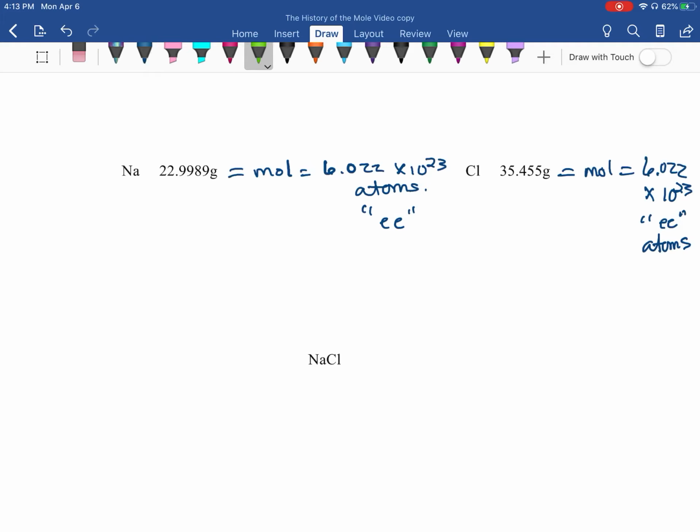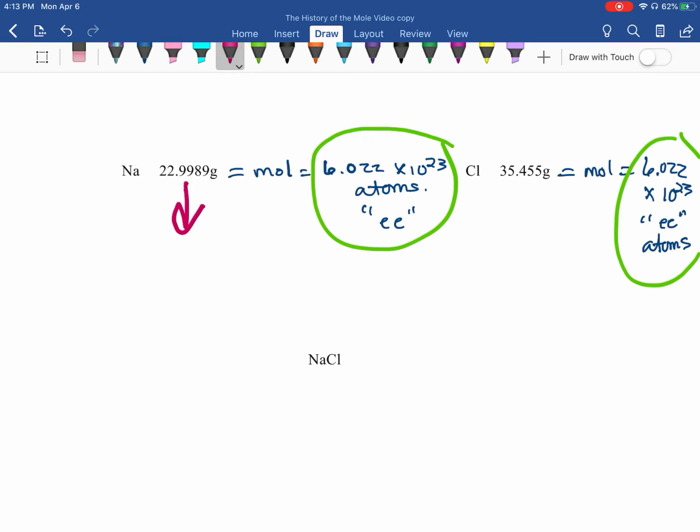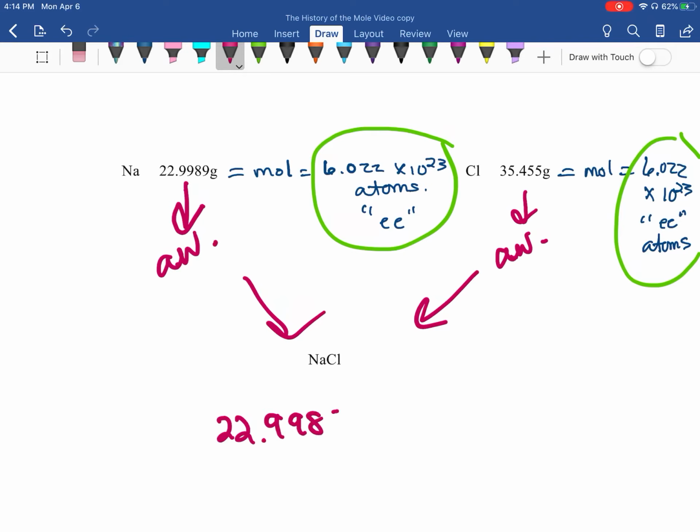Awesome. So what just happened here? We just cracked the code. We have the same number of atoms of sodium, the same number of atoms of chlorine, and then our actual atomic weight just told us how to go to the lab and make sodium chloride. So what would we weigh out? We would literally weigh out 22.9989 grams of sodium.